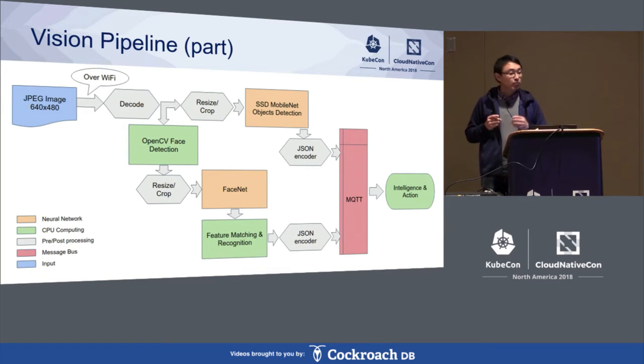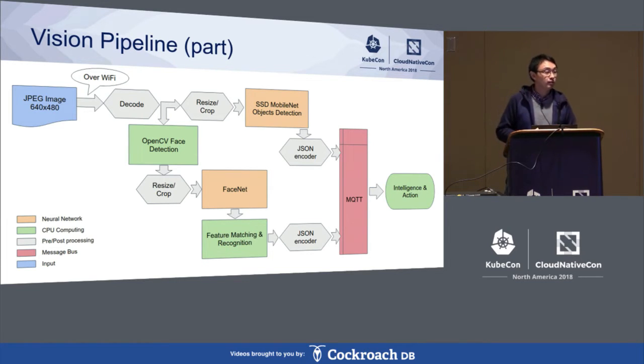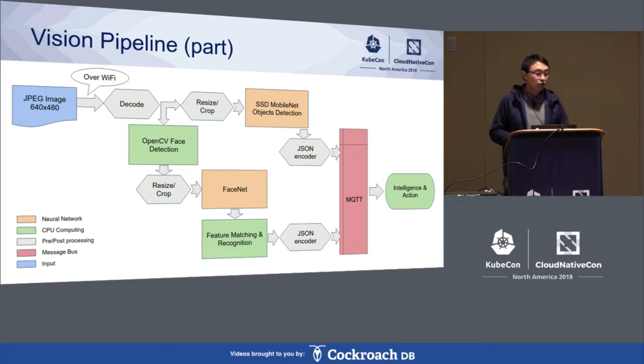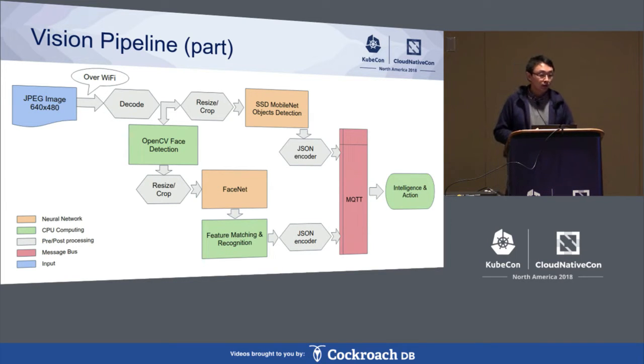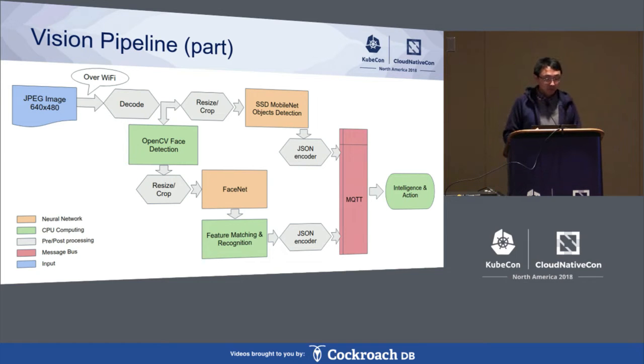If you can map the set of features to a label, the robot has the capability to tell your name when it sees your face. The output of these passes are small JSON objects, so we can easily share them with something like MQTT, which is a message bus, to be consumed by controlling logic from there.